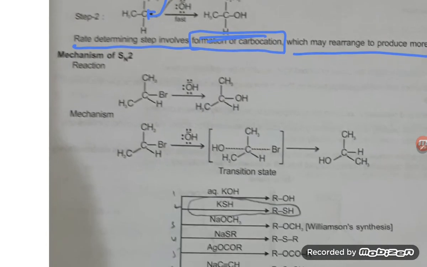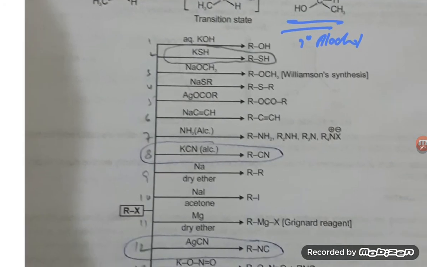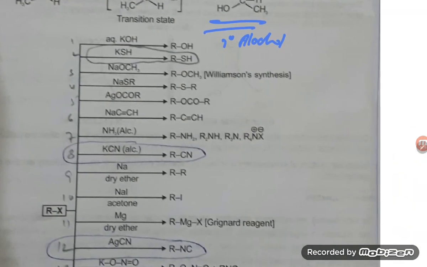Next is the mechanism of the SN2 reaction. SN2 reaction always follows with 1 degree alkyl halide. So a 1 degree alkyl halide gives 1 degree alcohols. Now, the chemical properties, examples of SN1 and SN2. If you treat RX with KOH, you get ROH.